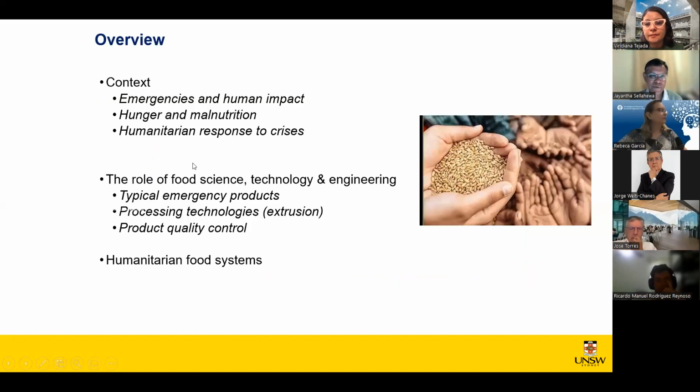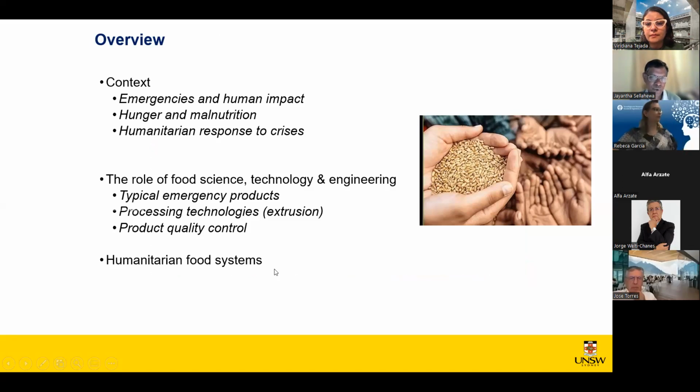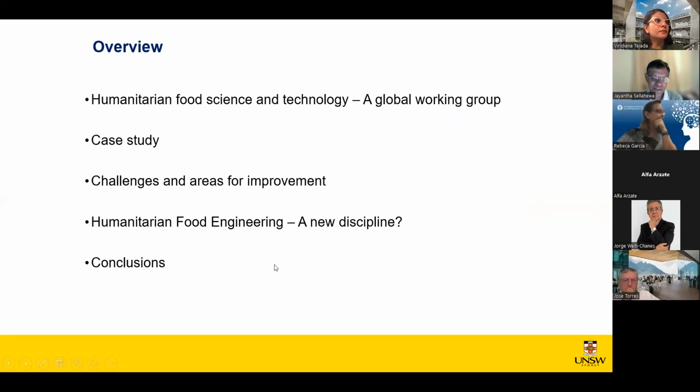I'll give a bit more context as to why this area is important, and then I'll go on to talk about the role of food science, technology, and engineering in more detail. I'll say a few words about humanitarian food systems, and then I will talk about this group, the Humanitarian Food Science and Technology group, or HFST as we abbreviate it.